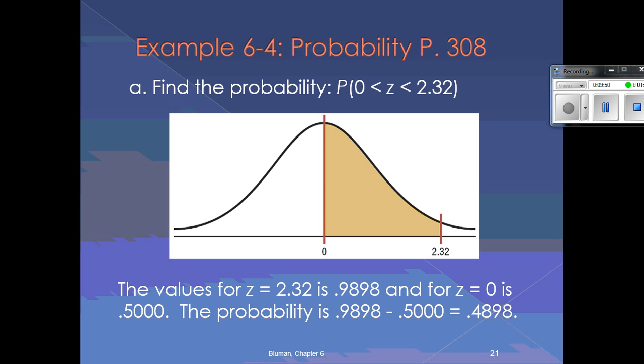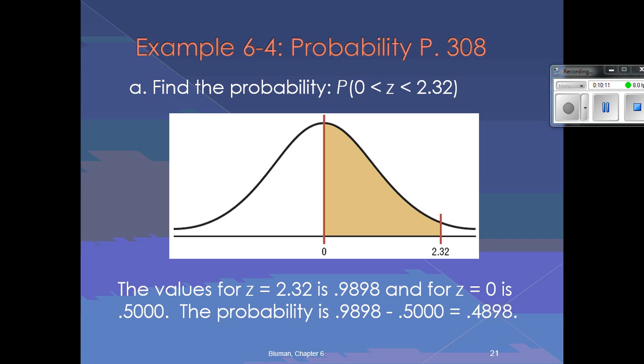And what if you get something like between 0 and 2.32? If you look up 0, the zero row and the 0 column, it's 0.5, because the mean is the middle: 50% is below, 50% is above.